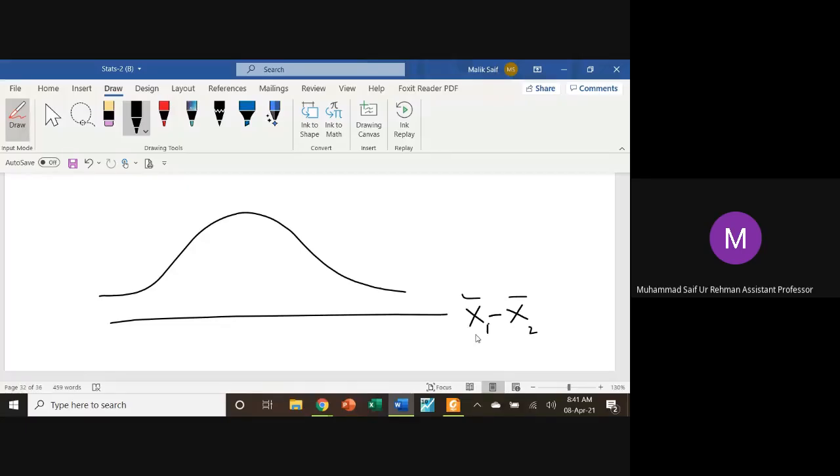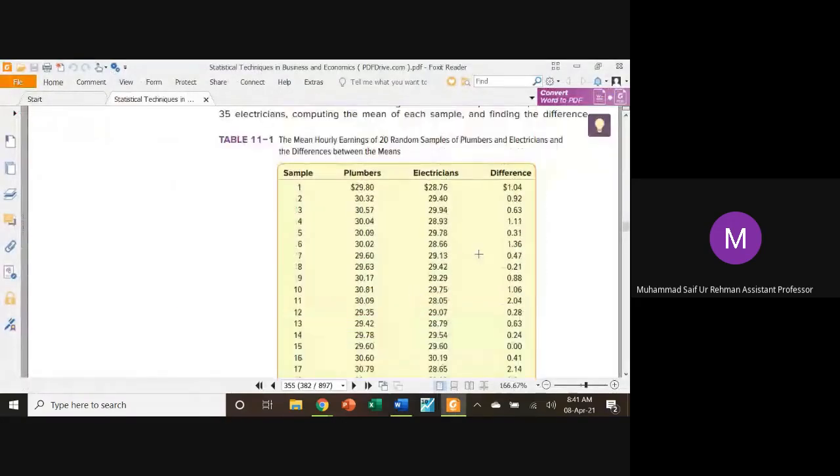So basically now, as two populations are in our consideration, as in case of one population, the distribution of sample means was normal, or you can say approximately normal. Similarly, if we take differences between the two sample means, and we generate a data series, that is the series for differences of the sample means. So definitely there will be a series, if you see in your book like this.